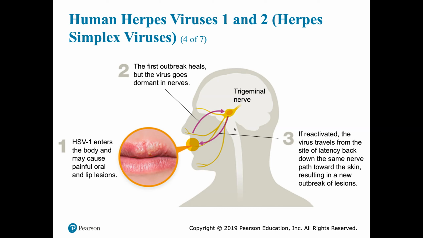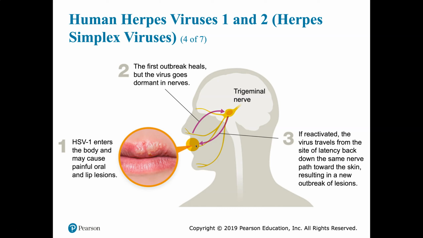And what will happen is almost this exact same process, where if somebody has HHV2, they can have an outbreak on their genitals, and then that outbreak clears up and the virus travels back up the peripheral nerves to a nerve ganglion at the base of your spinal cord.